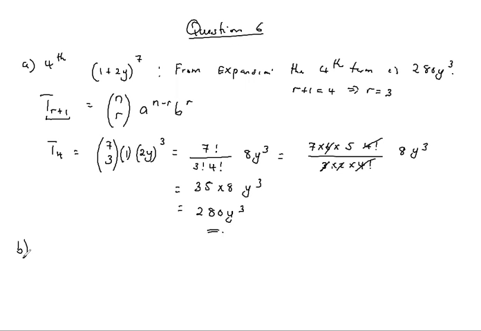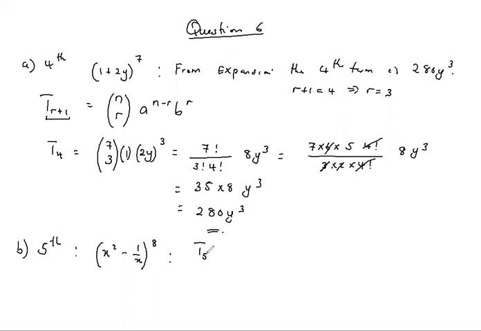For b, we want the fifth term in the expansion of (x² minus 1 over x)^8. Now, one thing I know is if I have 1 over x, I can write it as x to the power negative 1. It means the same. So we'll say T5.